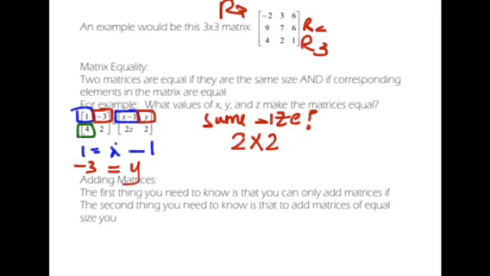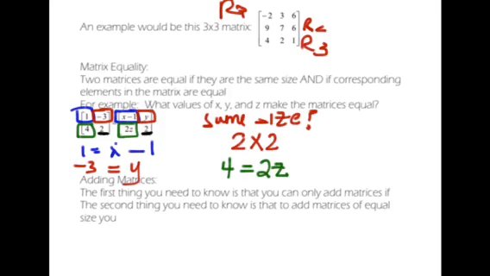This 4 must be equal to 2z. And luckily for us, this 2 already equals this 2, so we don't have to do anything to that.